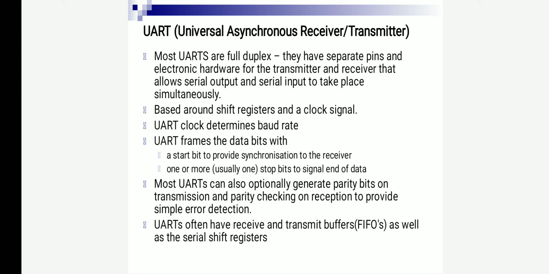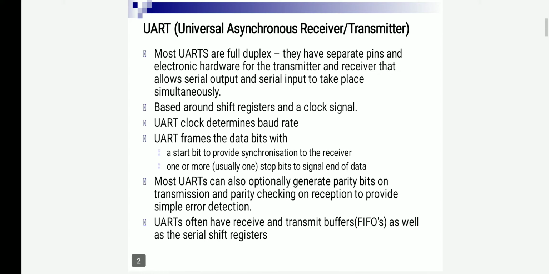UARTs often have receive and transmit buffers in first in first out mode, as well as the serial shift registers. So there is a protocol which follows the first in first out system.